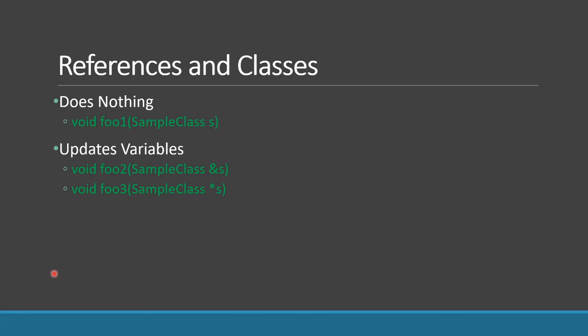Then we talked about how references work with classes, and here things were essentially the same. We talked about the 2 versions of foo that do have an effect on s.